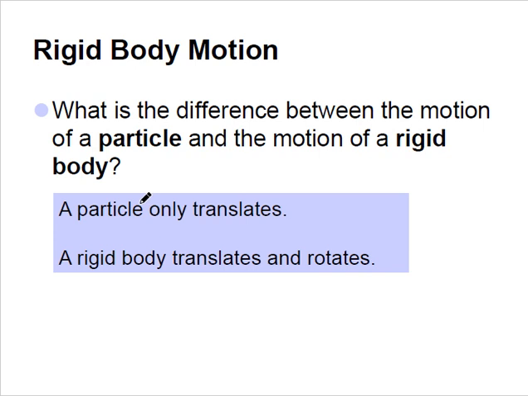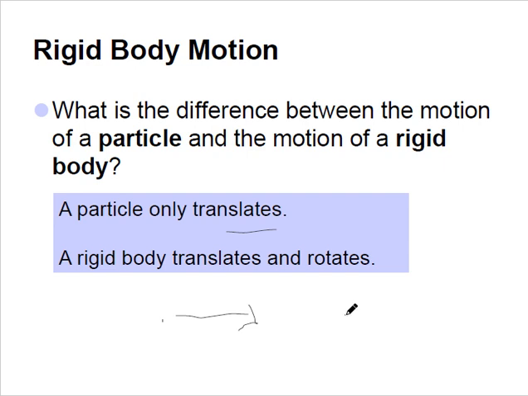They're very different. If you think about particle motion, particles only translate. A particle is a very tiny, small object, and it is going to move in a straight line. Don't forget the straight line. Therefore, we call that type of particle motion a translation. Like dust particles, which are very small, floating in the air, but not going to rotate.